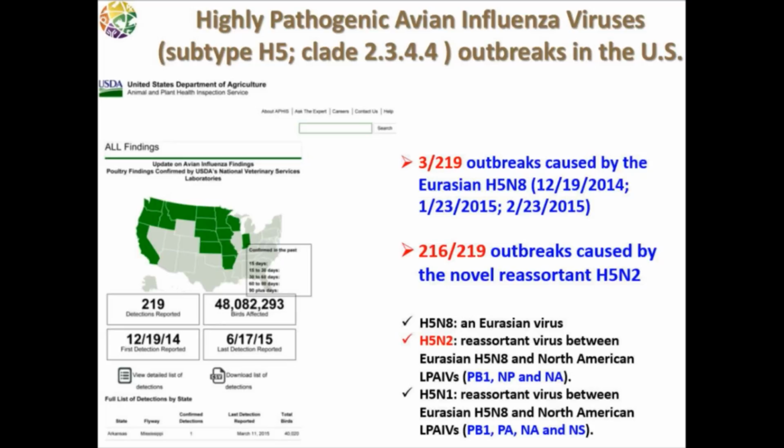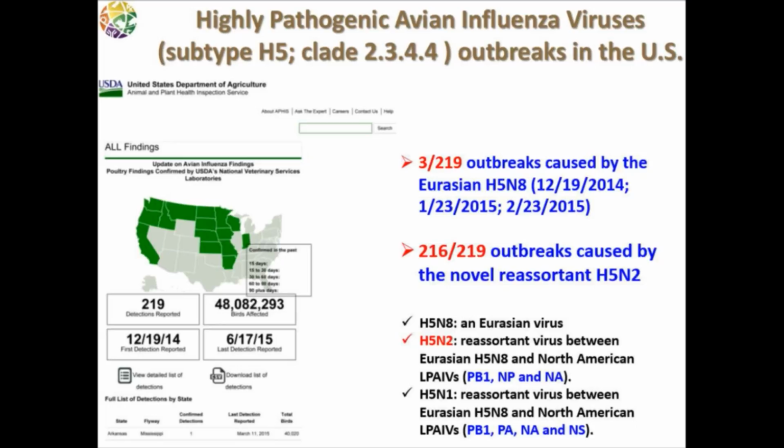What's interesting is that the original isolate, H5N8, was detected in only three cases. The majority of the outbreaks, 216 out of 219, were caused by H5N2. The H5N1 isolate was detected only in wild birds, and it never spread to domestic poultry.